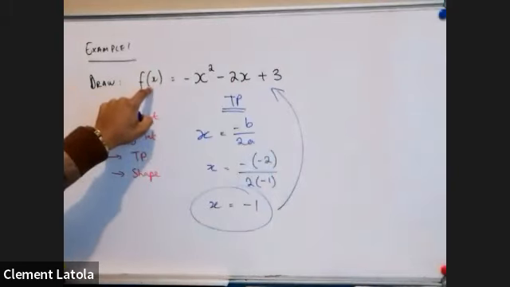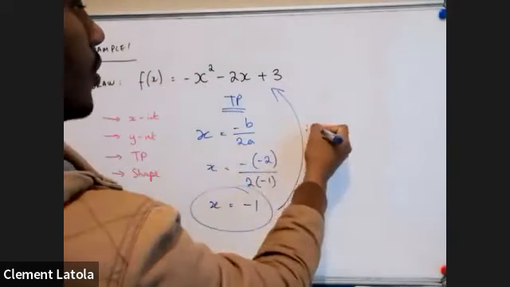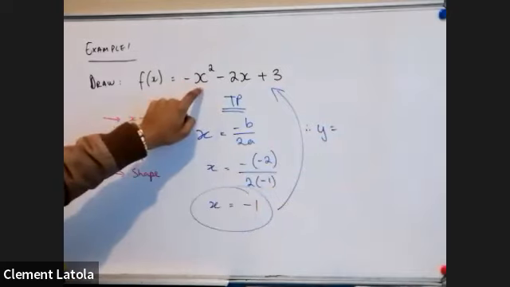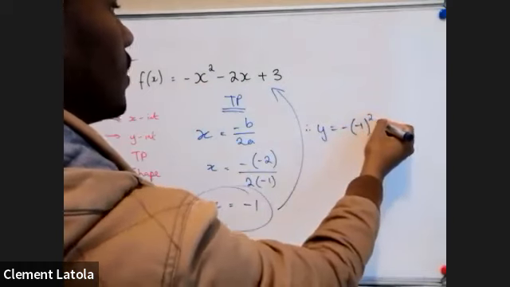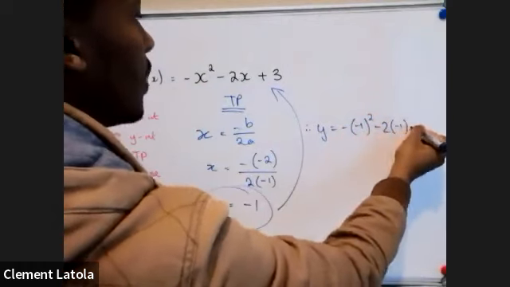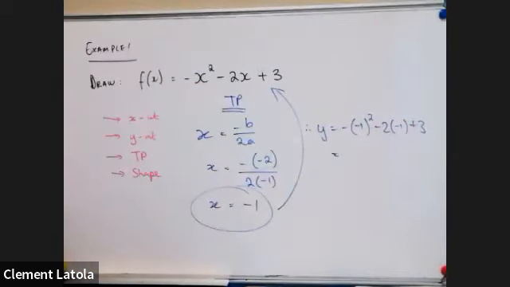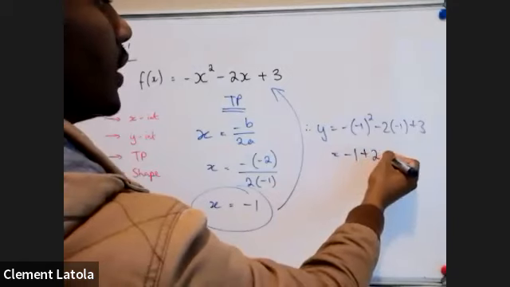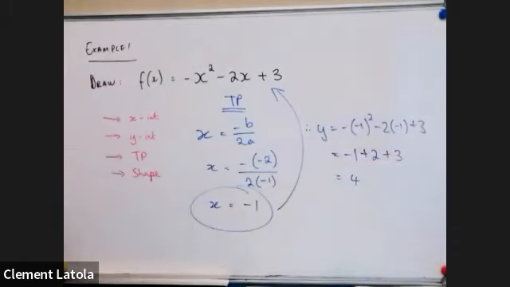So to calculate y, we can just use this formula. So I'm going to say, therefore, y is equal to, and now I substitute this -1 for x. So it's -1 squared minus 2 times -1 plus 3. Let's do the calculation here. That's equal to 4. Yeah, so the y value is 4.